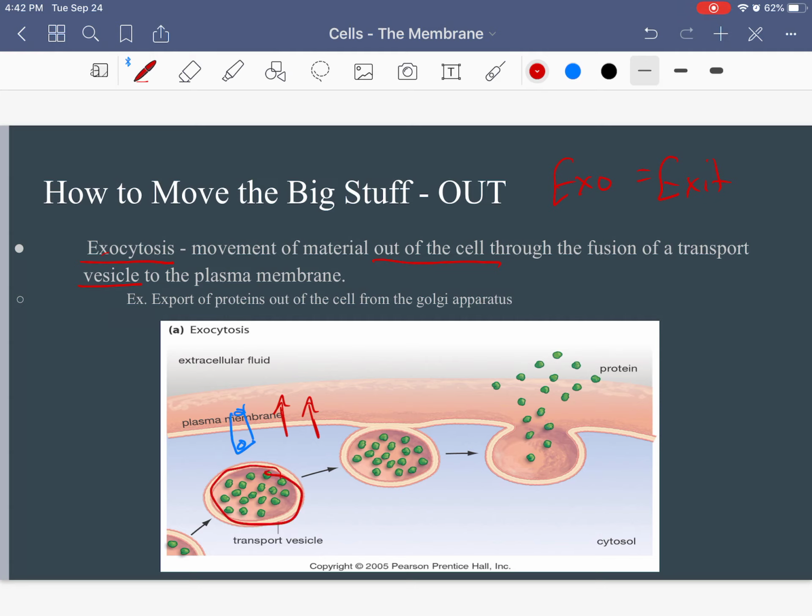So we're moving materials out of the cell. This vesicle right here is going to fuse to the cell membrane, and when it fuses to the cell membrane, that allows us to open the vesicle so that the materials can leave. If you notice, the cell membrane never exposes the inside of the cell to the outside of the cell. We bind this vesicle so that we can then pinch it open and allow the materials to move out.